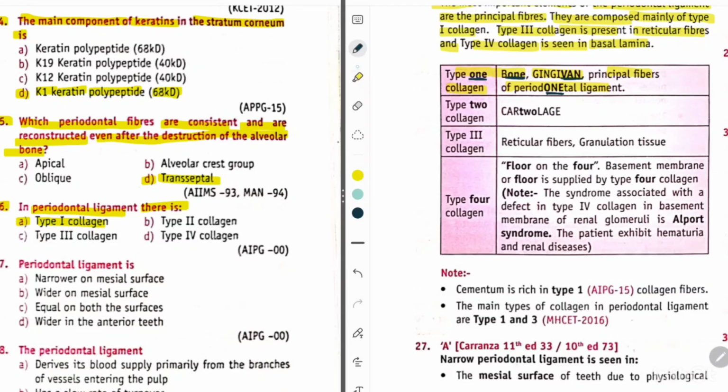Type 2 collagen is present in cartilage. Type 3 collagen, reticular fibers and granulation tissue. And type 4 collagen is present on the floor, that is basement membrane. Basement membrane is supplied by type 4 collagen.